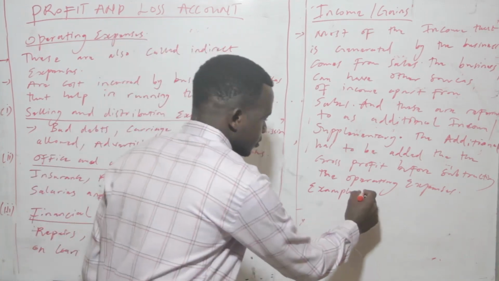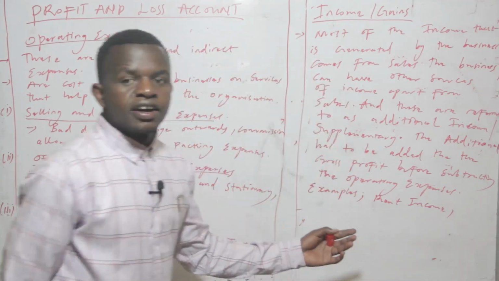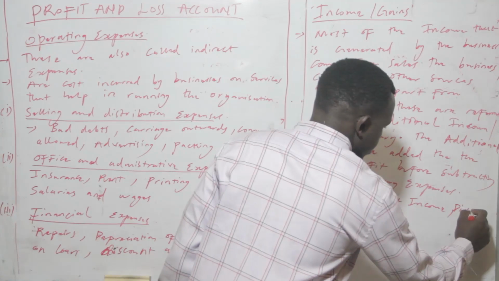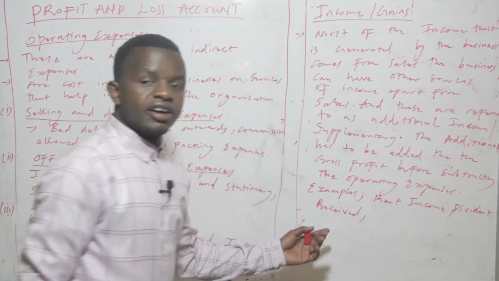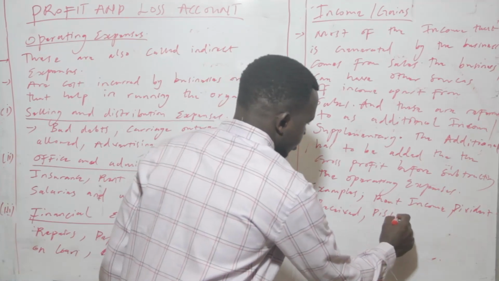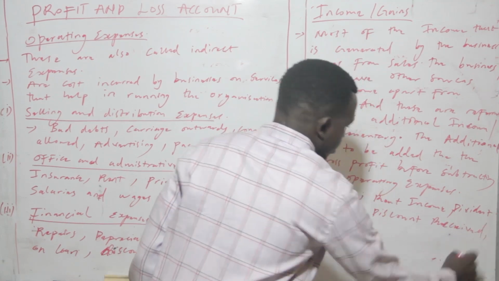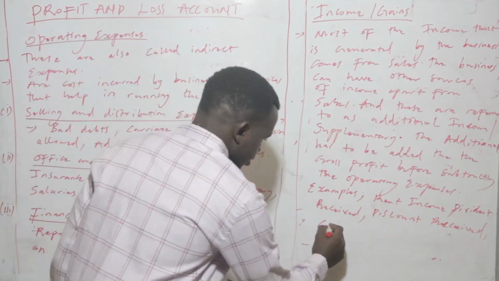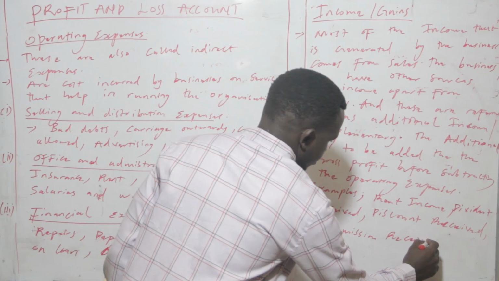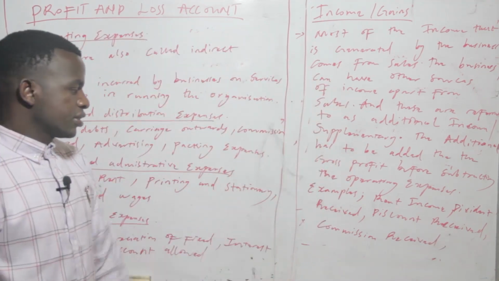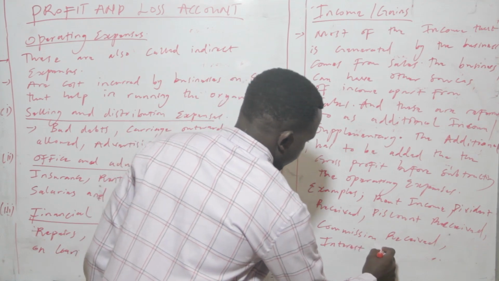This includes rent income, then we have dividend received, then we have discount received, then we have commission received, then we also have interest on deposit. So interest on bank deposit.